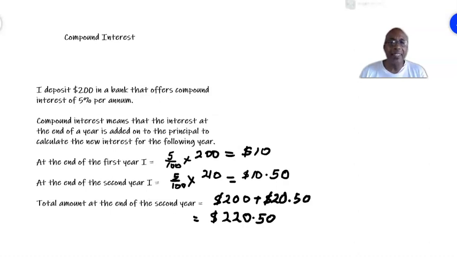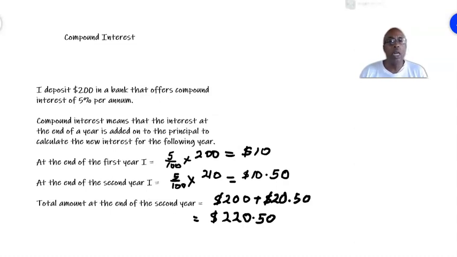It means that the interest I make after the first year is kept and added on to the original principal to get the new principal for the second year. And this continues every year as long as I keep my deposit in that bank.